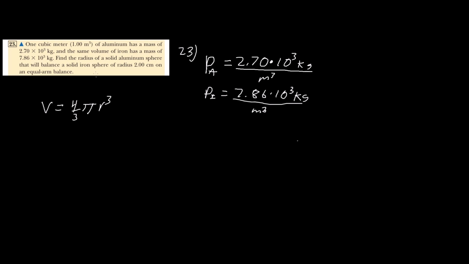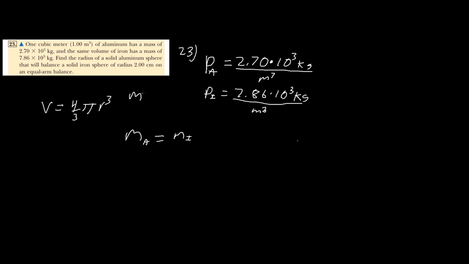So the volume of the sphere times this is the mass, but the question is asking to find the radius, which we're not going to know, of a solid aluminum sphere that will balance out with the mass. If it's saying the word balance, that implies that the mass of the aluminum has to balance out with the mass of the iron.